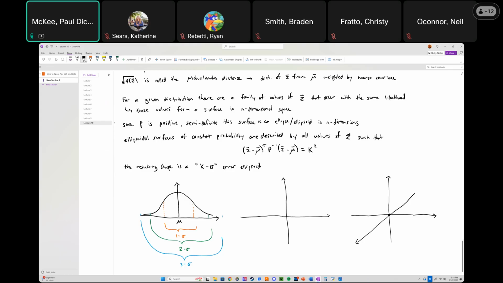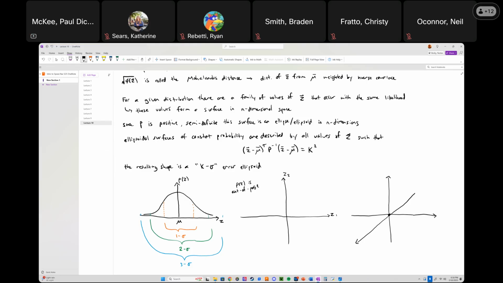In this case, z is the only thing that we're considering. It's one dimension, and this is the probability of z. Now, we start in one dimension because we're about to go up into higher dimensions. Imagine here that we're looking at z1 and z2, and probability of z is out of page.